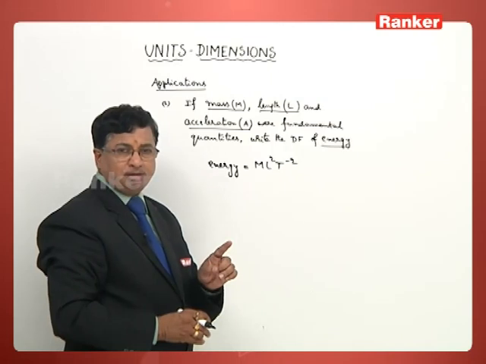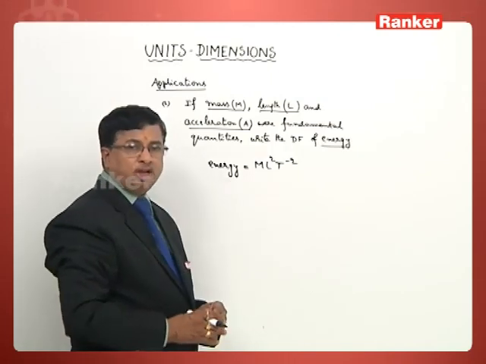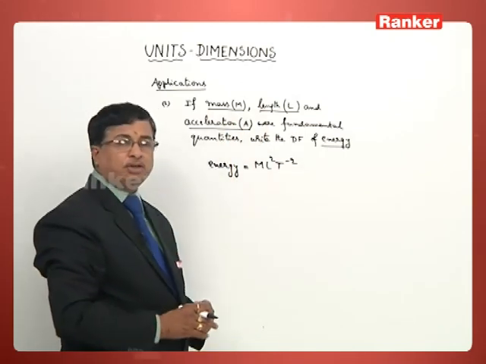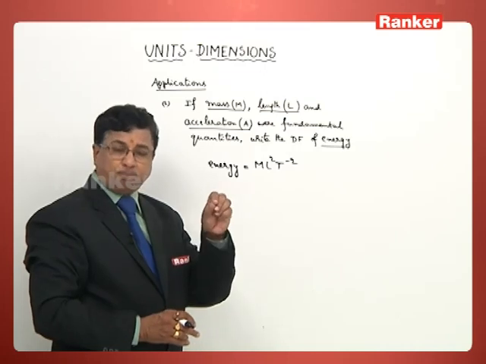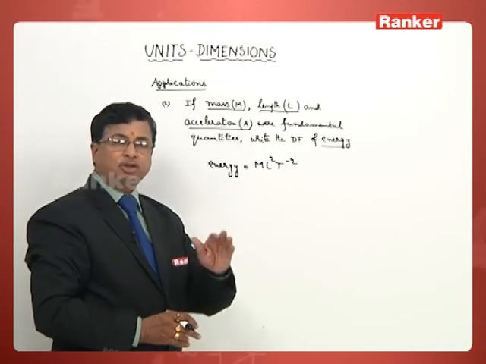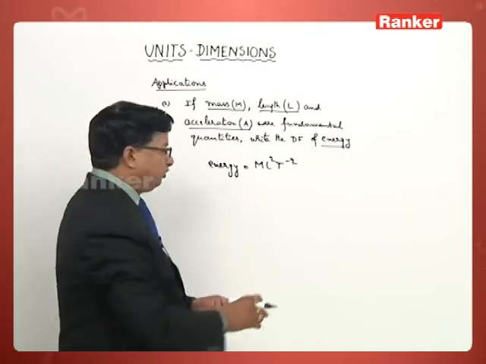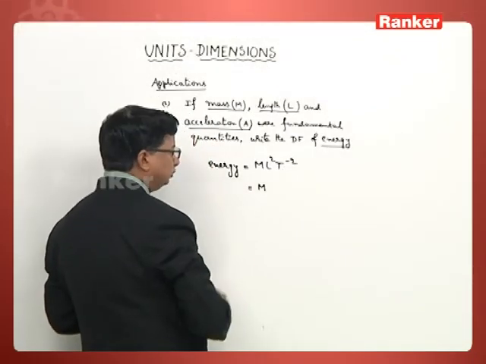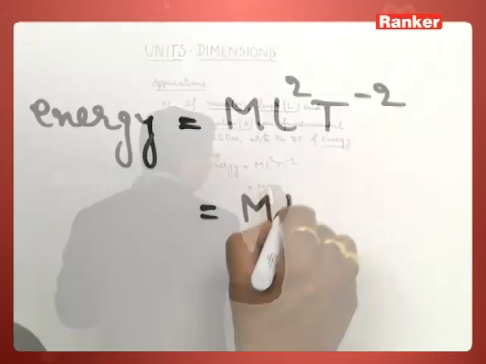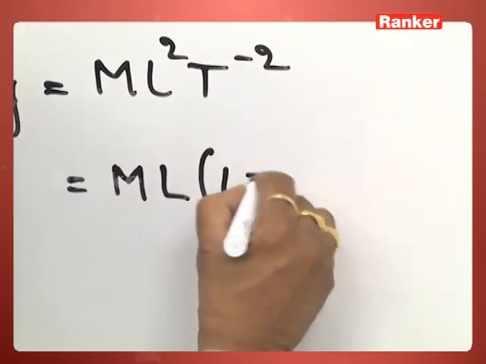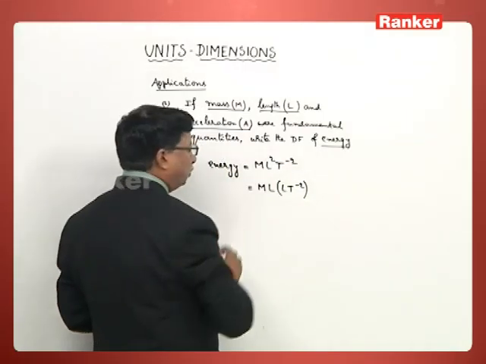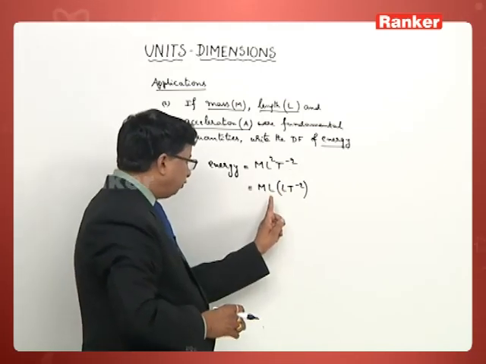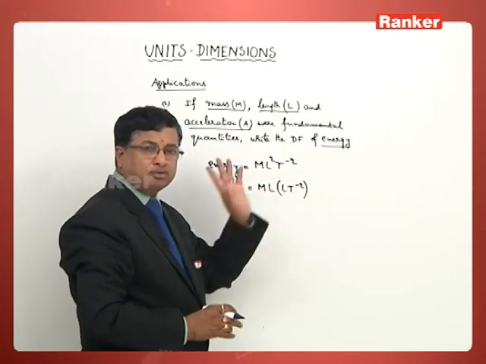If you can write this dimensional formula in terms of the dimensions of these 3 physical quantities chosen as fundamental quantities, then you directly get the answer. For example, I write M as it is. L square T power minus 2, I can write as L into L T power minus 2.